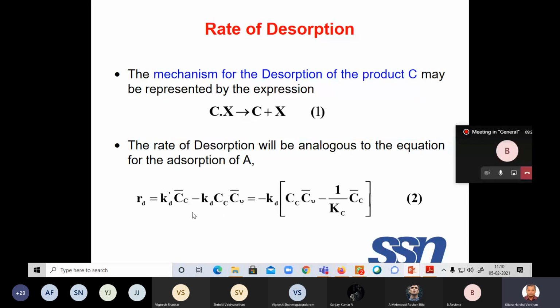Then again, if you take KD common, then minus KD, because the minus is there. So you want this to come first. Therefore, if you take minus KD common, this term minus this term, again KD divided by KD star, you can put as a capital KC, and then you can do it.